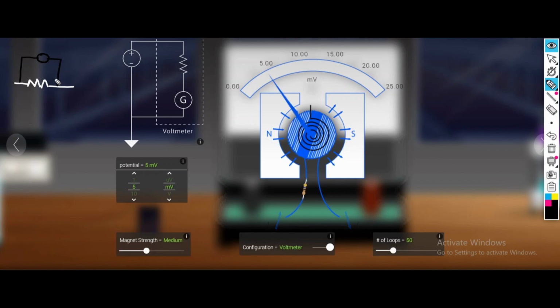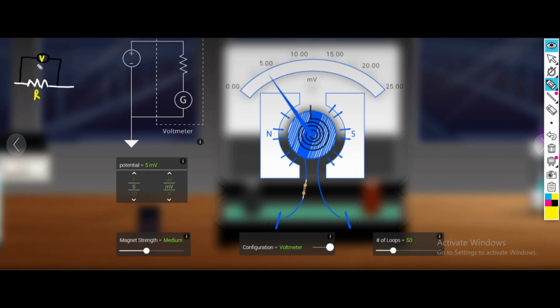At this position we will have some potential, and similarly at this position we will have some potential, and if we subtract those potentials, we call that the potential difference, and that will show here on the pointer of this voltmeter.